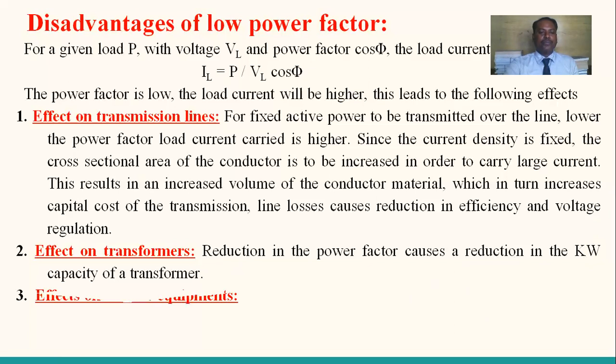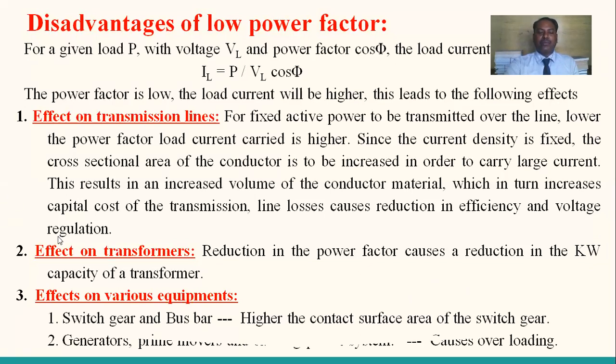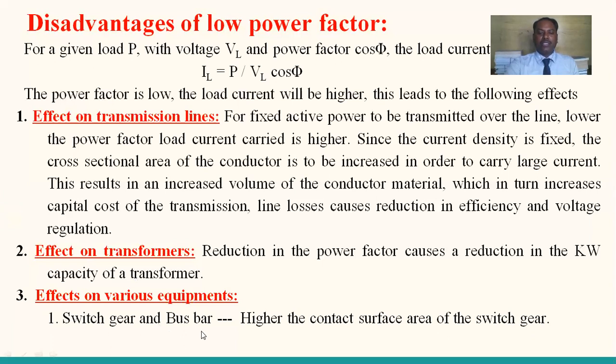And similarly, the effects on various equipment. Various power system components are bulky to function smoothly. Take the switchgear and bus bar: a higher contact surface area of the switchgear is required because the current density increases due to the low power factor.